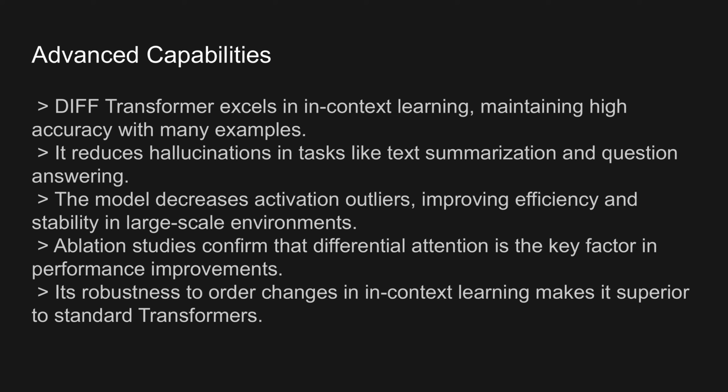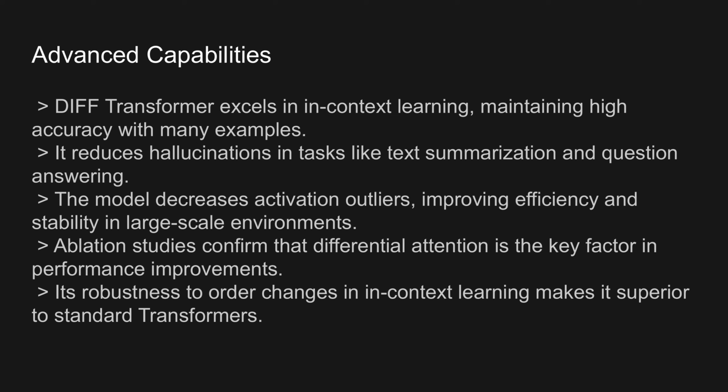Yes, and that brings us to the next part. Contextual hallucination. This is a common issue with language models where they might generate inaccurate or made-up information, especially when dealing with complex contexts. Diff Transformer addresses this problem effectively, reducing hallucinations in both text summarization and question-answering tasks.